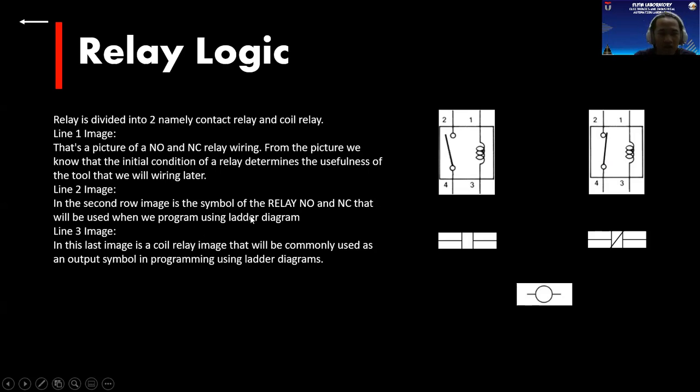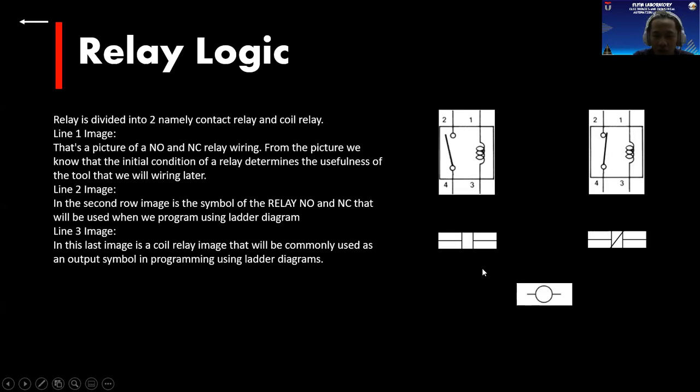And we can see the second line. In the second line, the image is the symbol of the NO and NC relay that will be used when we program using the ladder diagram. If we want to program using the ladder diagram, we of course use this symbol.